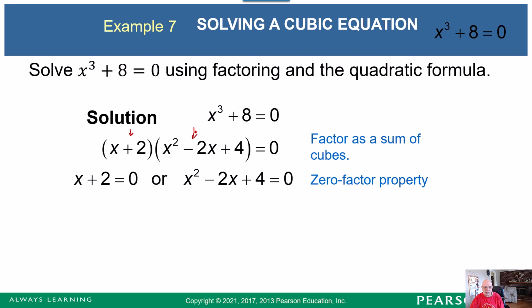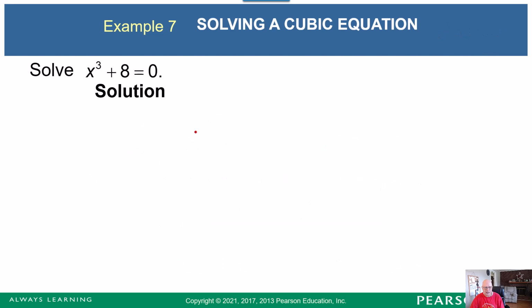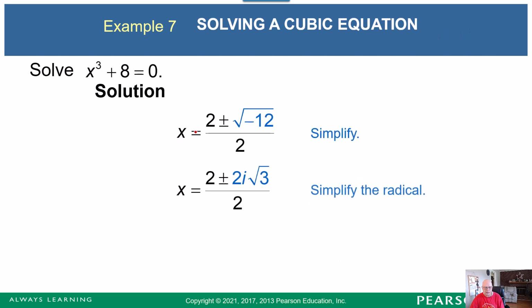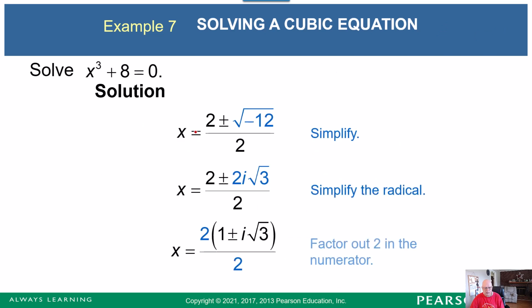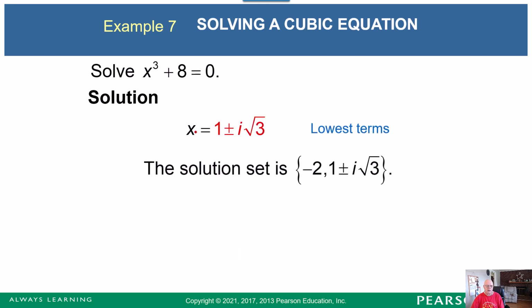The second one, you'll use the quadratic formula to get those 2 extra solutions. A little bit of simplification, and you've almost got it. And there you have it in lowest terms.